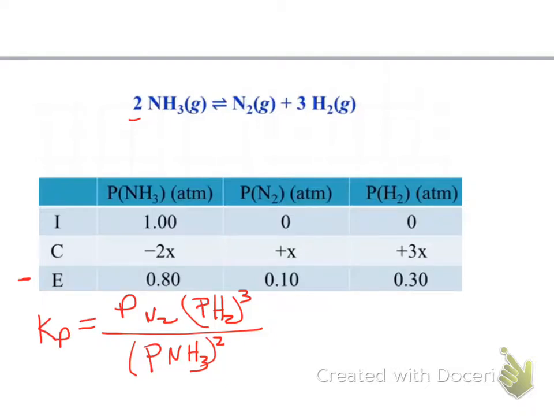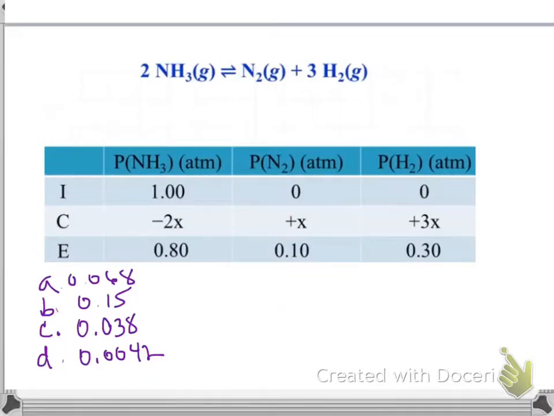And so once I've done that, let's see if we can figure out the value of the Kp. Okay, so what is my Kp going to be? So go ahead and see if you can solve this, and then come back and we'll plug in the values.